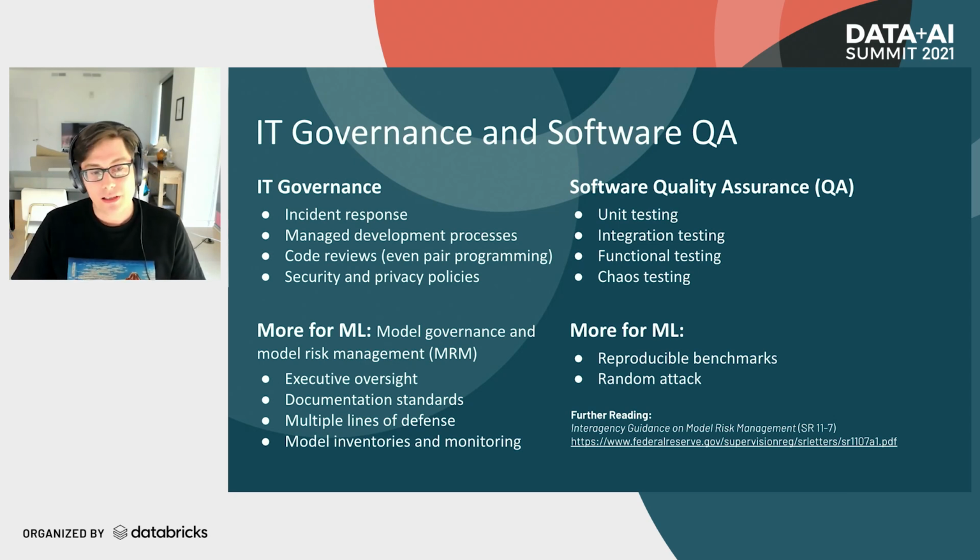Another part of the equation is, well, what do we do specifically for governance of ML and AI development and systems once they're deployed? There's a ton of known information about this as well, and it lives under the subject heading of model risk management.